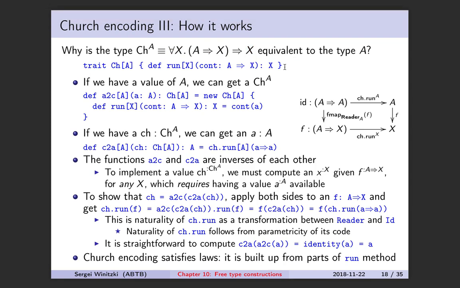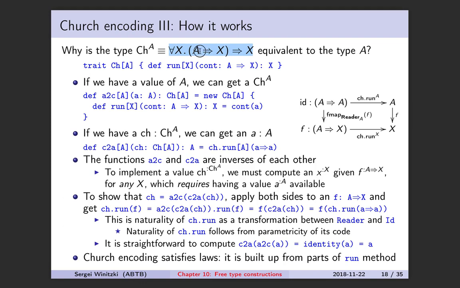Now, if I am able to produce a value of an arbitrary type x, and I don't know anything about that type, the only way I can do that is by using this function somehow. And this function needs to be called to produce an x on some value of A. So unless I have a value of A, I can't possibly have this. So this is the intuition that explains why this type is equivalent to A. The only way of having a value of this type is to have some value of A.